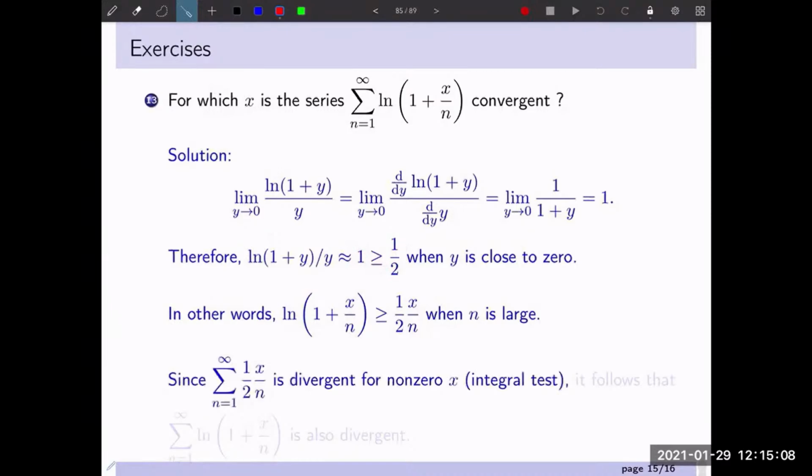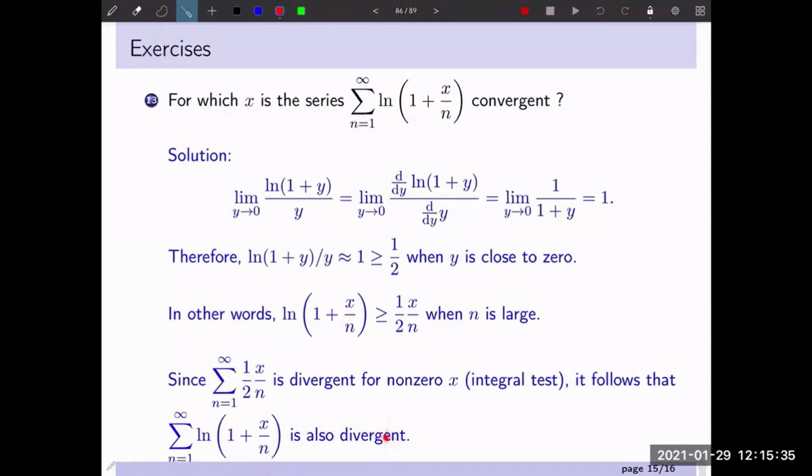So the right-hand side series is divergent, except when x equals 0. If x equals 0, of course, every term is 0, so it would be convergent. Otherwise, for non-zero x, the series is divergent. So therefore, this series is divergent for non-zero x and convergent for x equals 0.